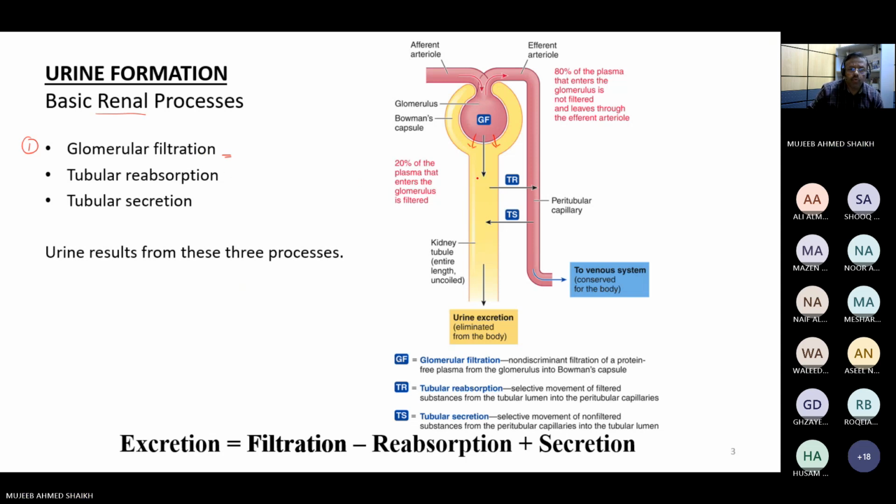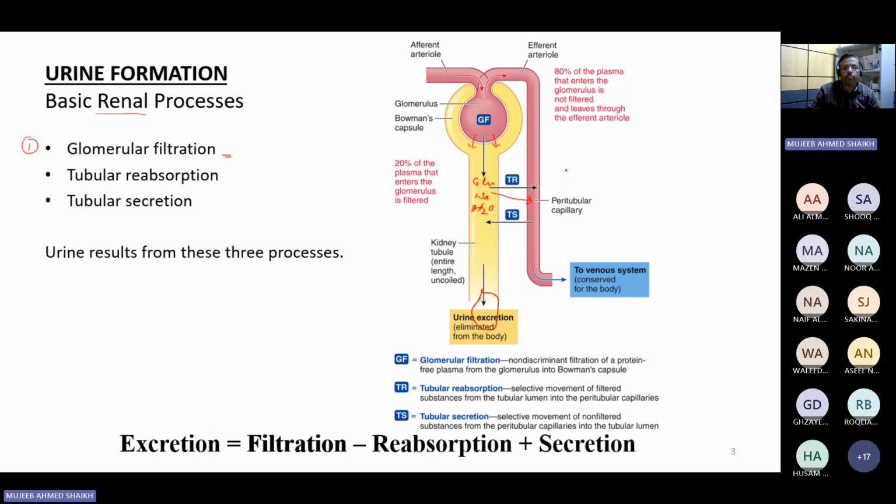Then, let's say glucose, water, and sodium chloride are filtered. These things are essential for the body, so they should not go into the urine. So what will the nephron do? The nephron will try to absorb them again into the blood.